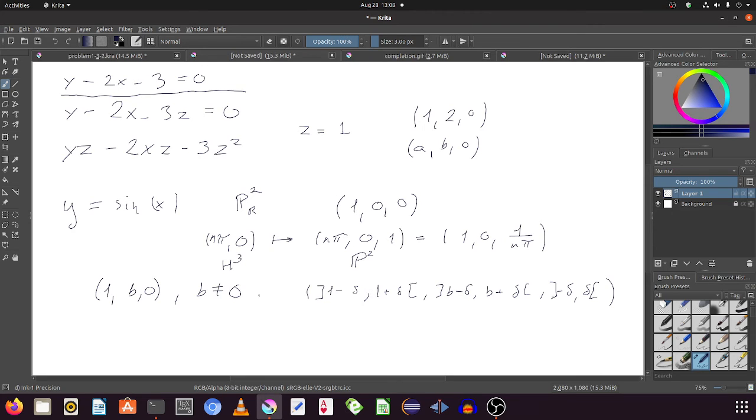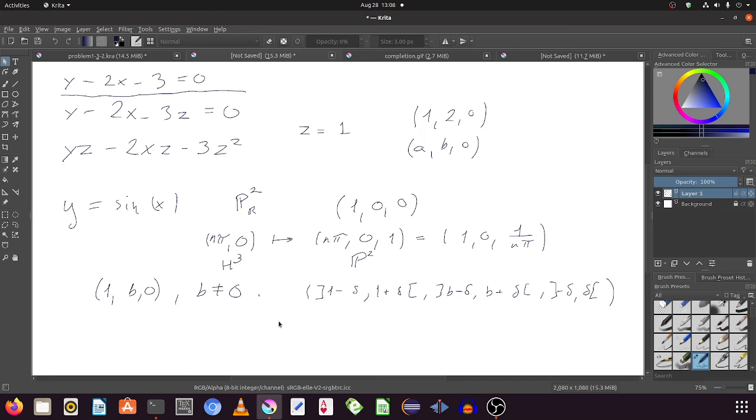And we have to show that we can choose delta so that none of these points lie on this curve. So how could we go about that?